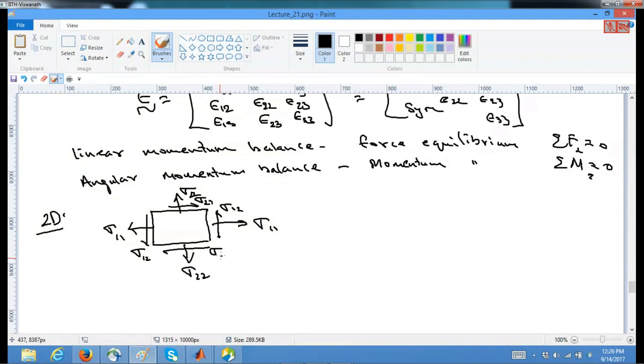So this is 21. Now by summation of F equals 0 along x, we know this force is balanced by that, and this force is balanced by that, by summation Fy equals 0. However, the shear forces just remain like this. The shear forces are these things.